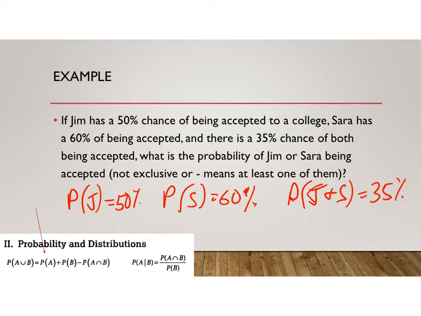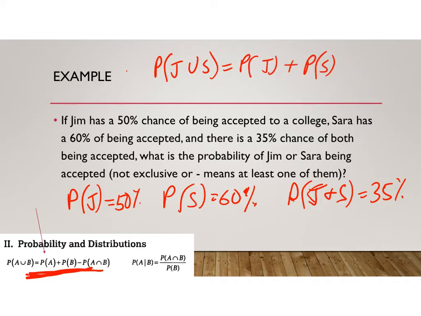So now we see this formula down here. It's this formula in action that we're looking at. The question is really asking, what's the probability that Jim or Sarah gets accepted? Which would be the probability that Jim gets accepted plus the probability that Sarah gets accepted minus the probability that Jim and Sarah get accepted.